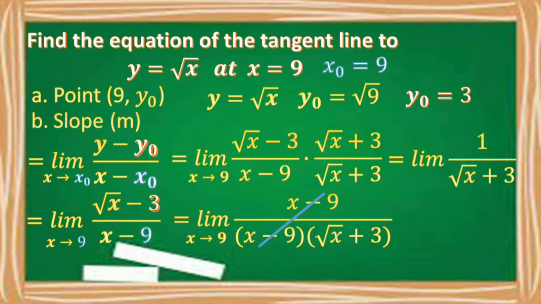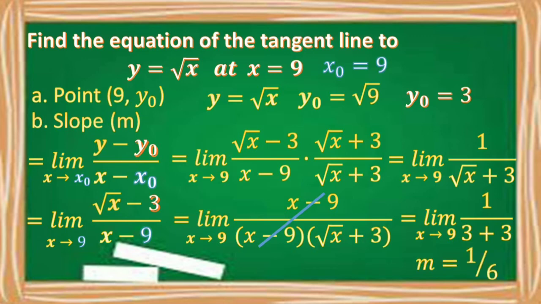What is left is the limit of 1 over the square root of x plus 3 as x approaches 9. So we have the limit of 1 over 3 plus 3. Then m is equal to 1 over 6.